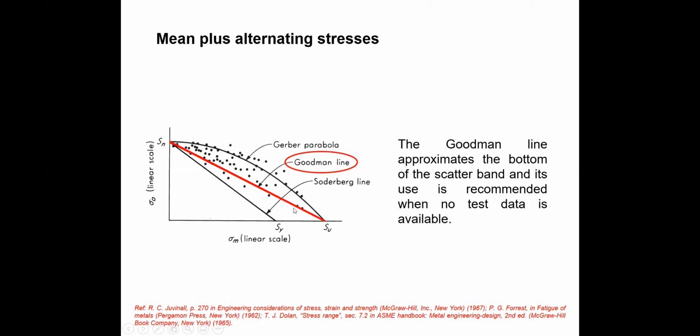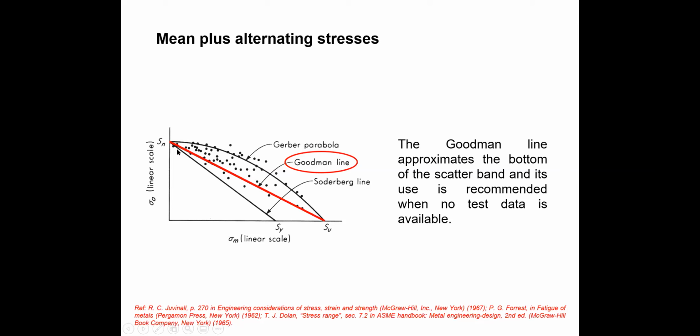So if you use this curve for failure analysis, the Goodman line technique is a very good method. The data is scattered around this line, not perfectly symmetric, but close enough to the symmetry.